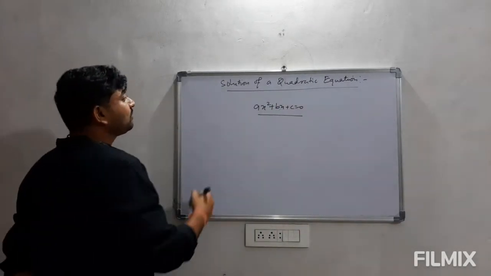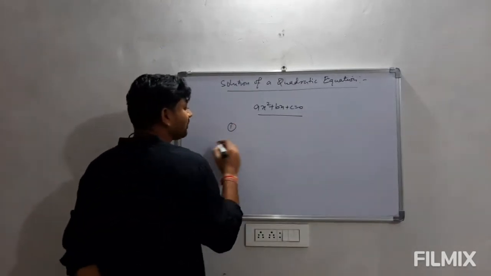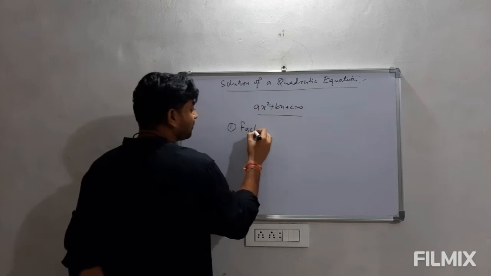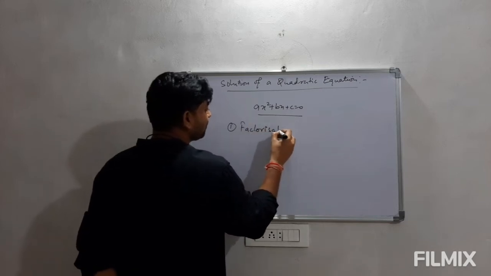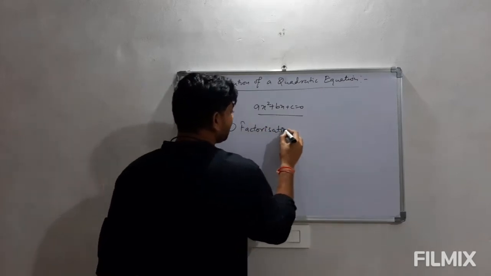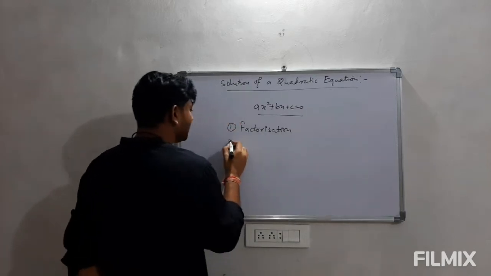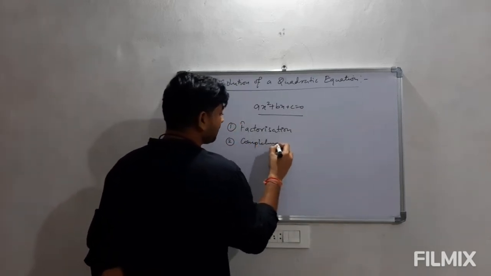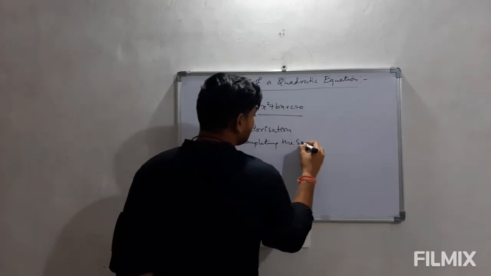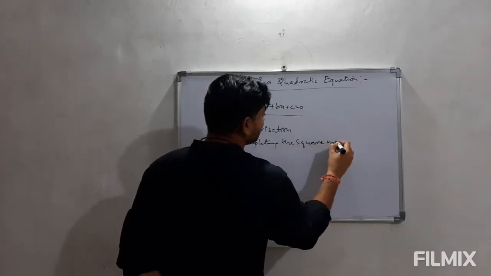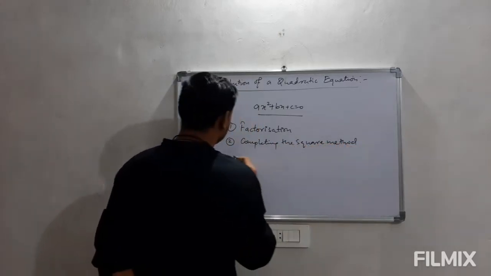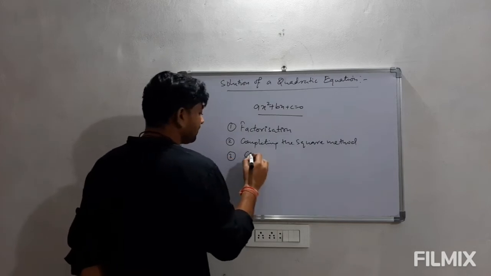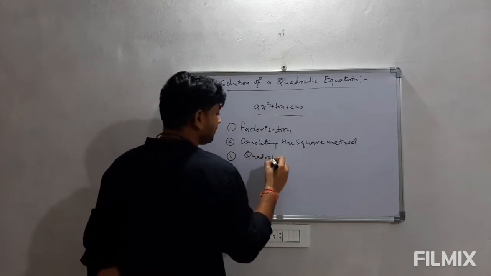Now we have to use different methods. In this, the first method, you must be knowing about this, is very simple: factorization. The second method here is the completing the square method. And the third thing here is the quadratic formula.